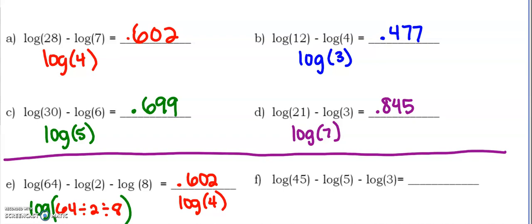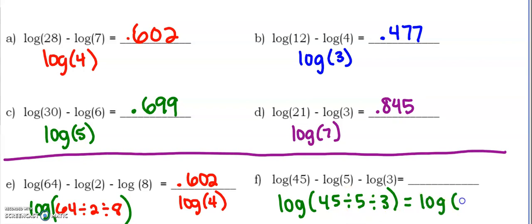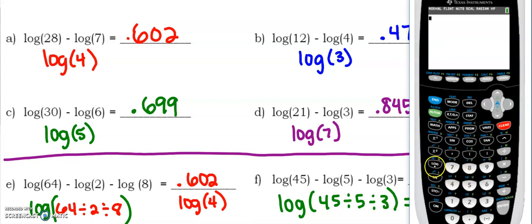Looking at this next one then, I'm going to take the log of 45 minus the log of 5 minus the log of 3. So following this logic, that should really be the log of 45 divided by 5 divided by 3. Well, 45 divided by 5 is 9, divided by 3 is 3. So we should end up with log 3. Let's go ahead and see if our calculator confirms that.